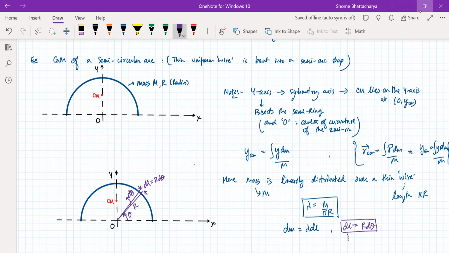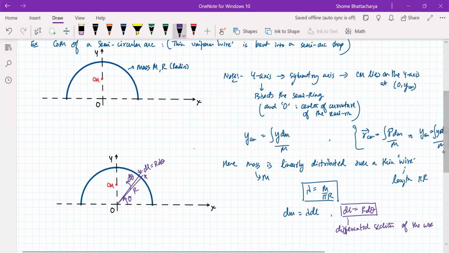So dl is a differential section of the wire, and that differential section is actually a very small arc.